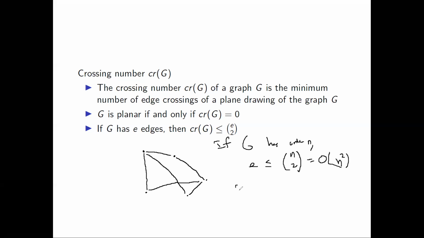So the crossing number of G, since it's less than or equal to E choose 2, which equals big O of E squared, we can say that the crossing number of G equals big O of n to the 4th, where again, n is the order of our graph.